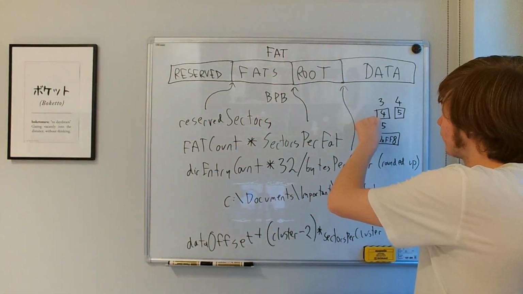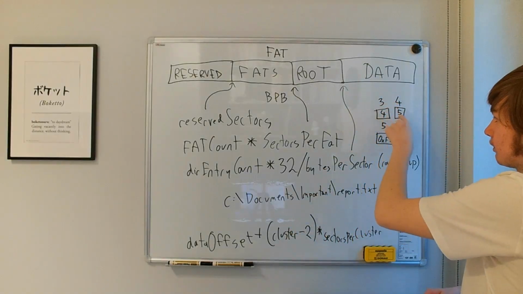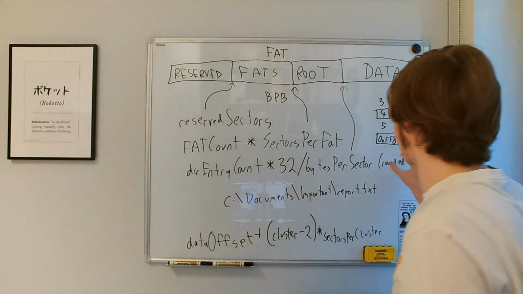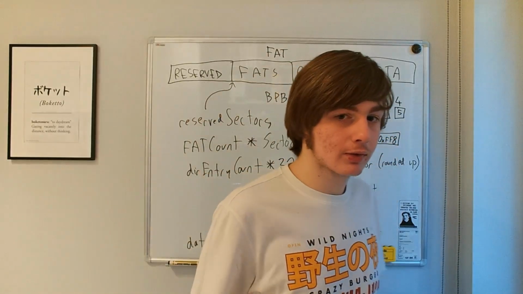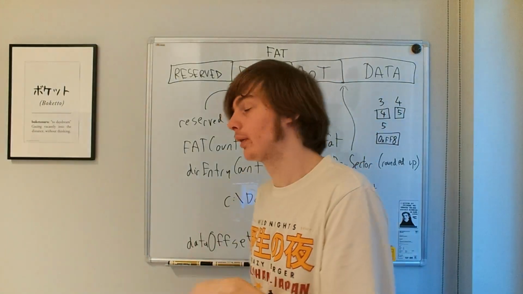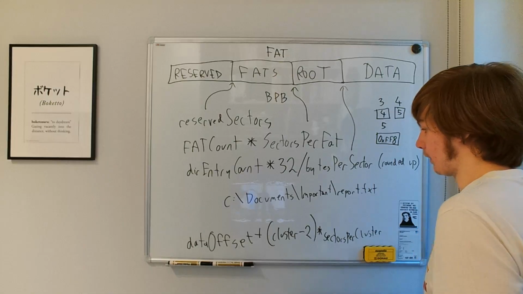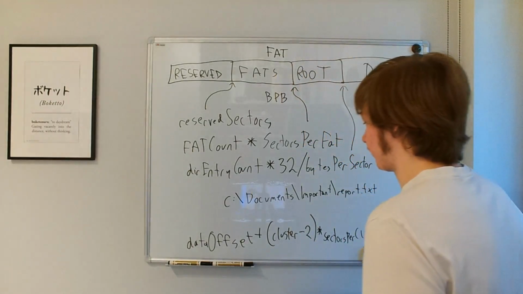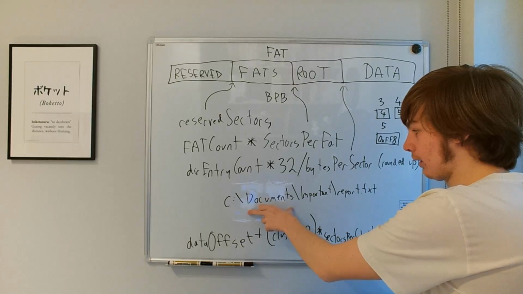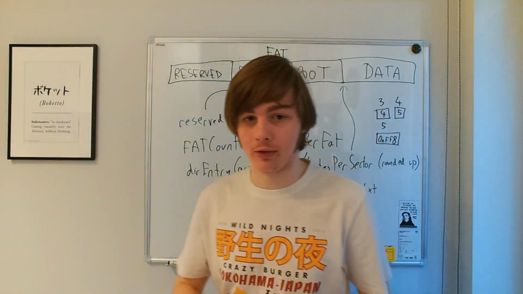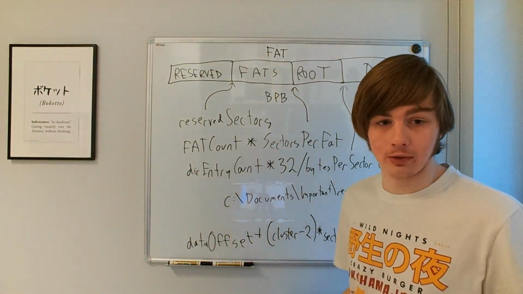You read that, you have the ID of the next cluster, so you can read that, see what's in the next cluster, read that, and once you reach a value that is FF8 or higher in FAT12, then that's when you terminate, because you've read the whole thing. And when you read a whole path, you simply read a folder like it's a file, and this quote-unquote file is going to have the same structure of directory entries as the root directory entries.